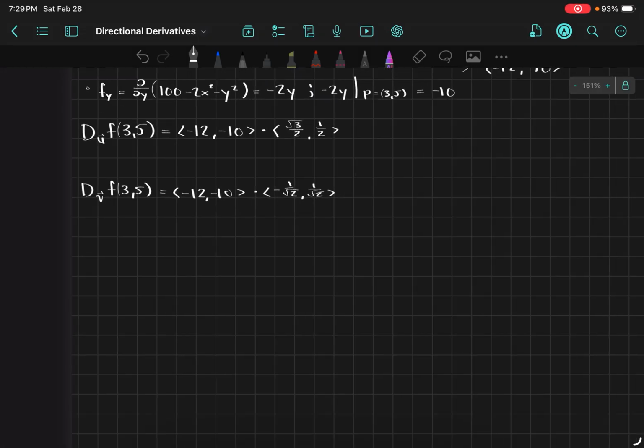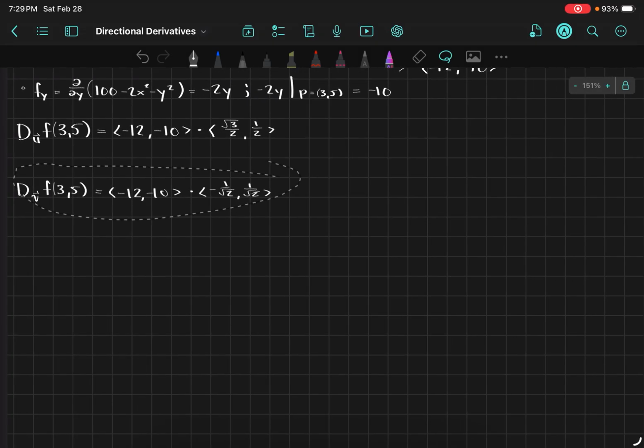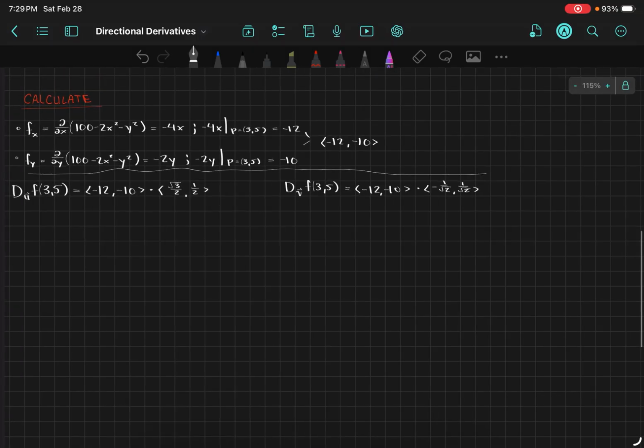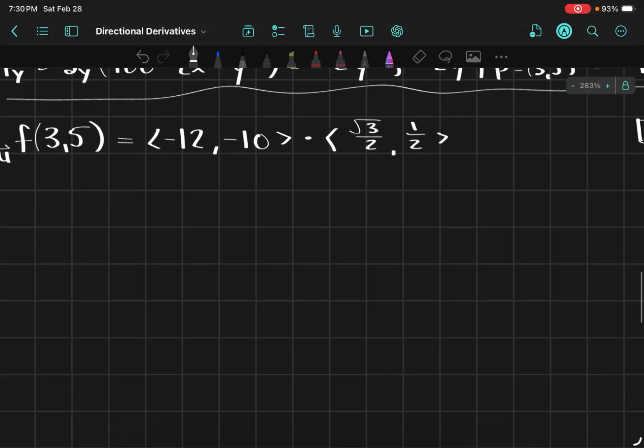So just taking, I'm actually going to split these up. So now simply taking the dot product, something that we are very familiar with, we have negative 12 times our root 3 over 2 plus our negative 10 times 1/2.